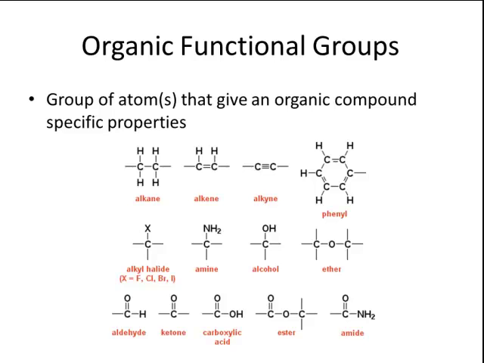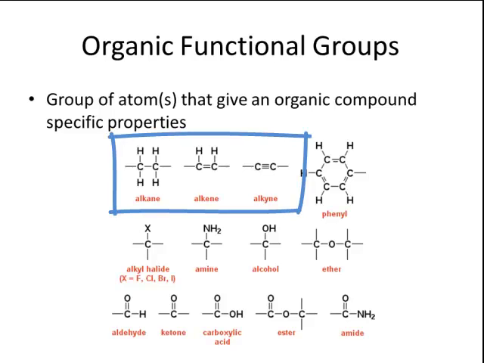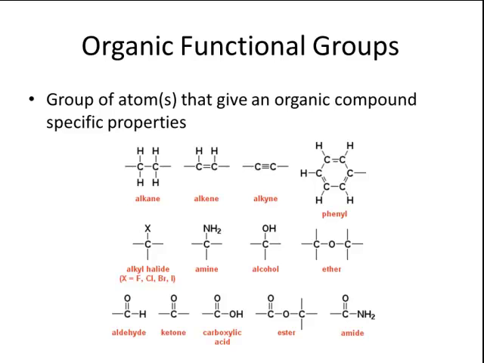There are also a number of functional groups that are present in organic compounds. A functional group is a group of atoms that gives an organic compound specific properties. So you can see across the top of this picture alkanes, alkenes, and alkynes, where the only difference between them is the type of bond between the carbons. All of the other structural formulas on this picture are examples of functional groups.